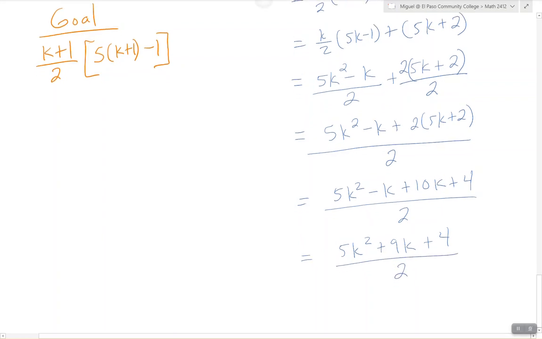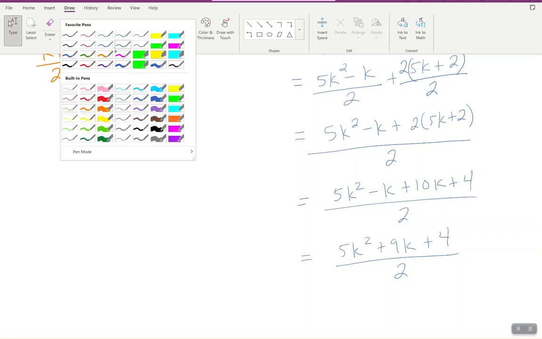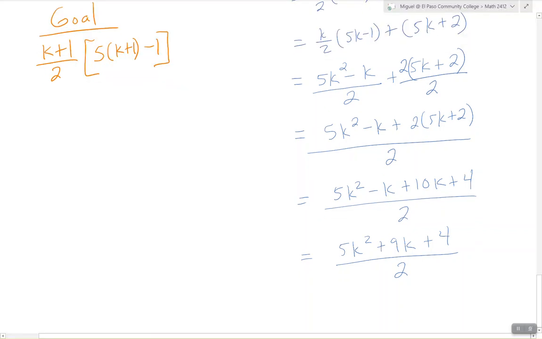Okay, so now what we can try here is let's work on the goal. Let's multiply this out, and then we get an expression that looks like this, and we'll know that we got the right thing, right? So if I work on the goal, let me work on the inside of that bracket first.